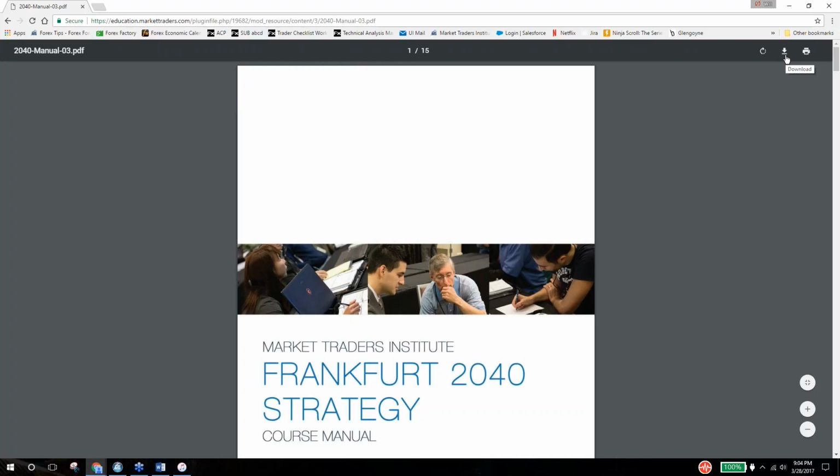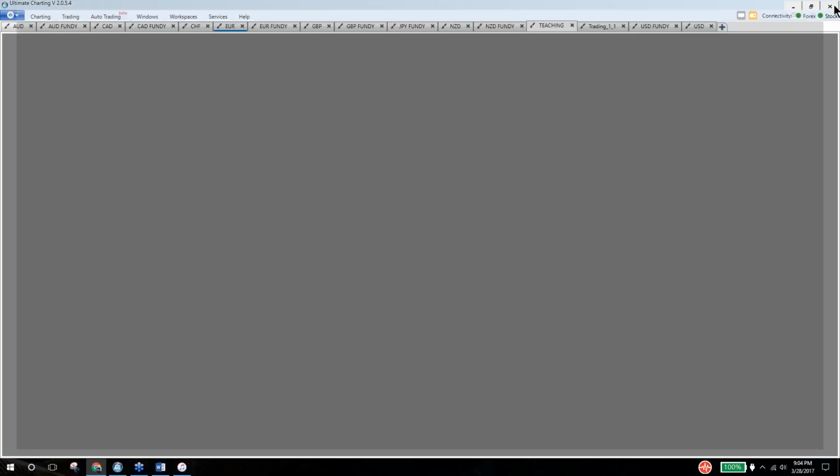So the down arrow for download, the printer icon, if you leave your mouse over it, it'll tell you what it is, print, etc. Most things on computers nowadays will have that little thing that pops down and lets you know what it is. All right. So to download that, just click on the download button. Any questions on that before we get started?